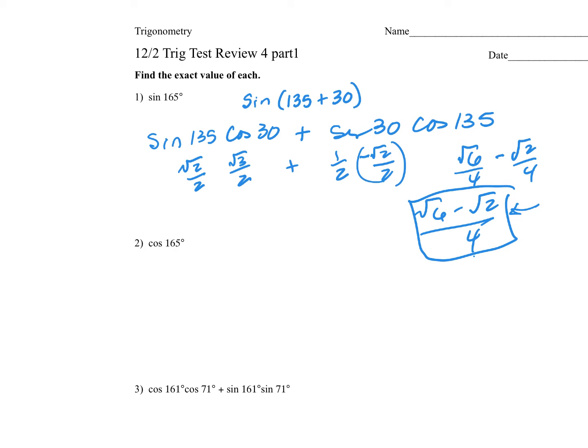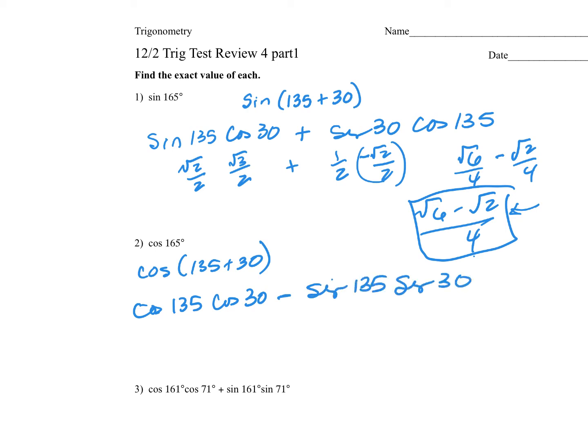Now with cosine of 165, it's the same problem, but it's cosine of 135 plus 30. And that's going to be cosine of the first guy times cosine of the second guy minus sine of the first guy times sine of the second guy.